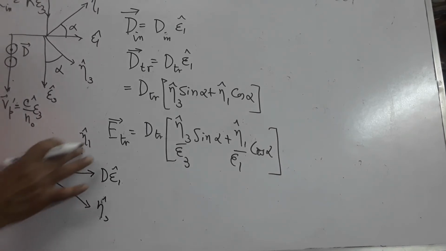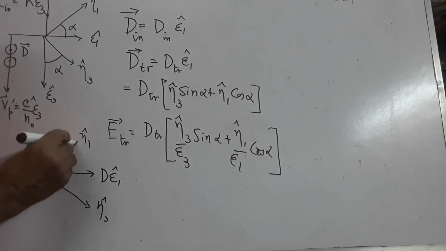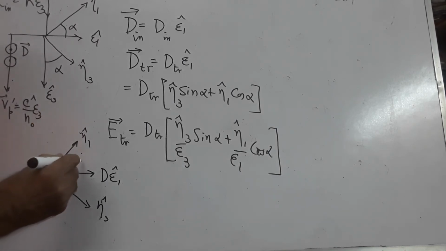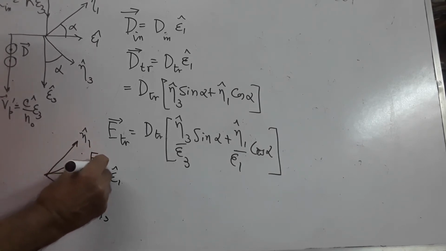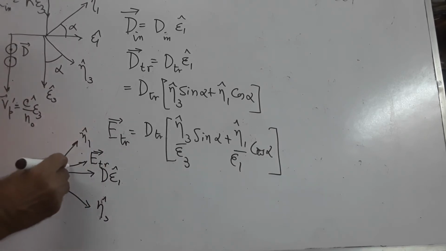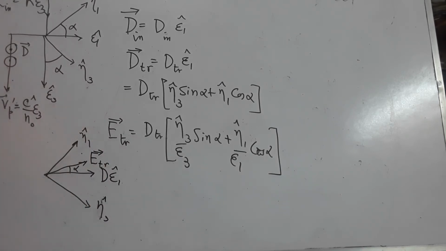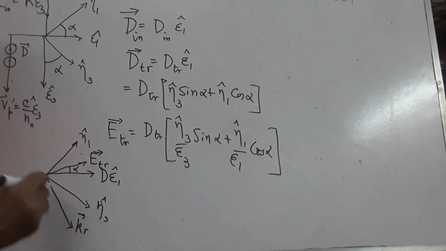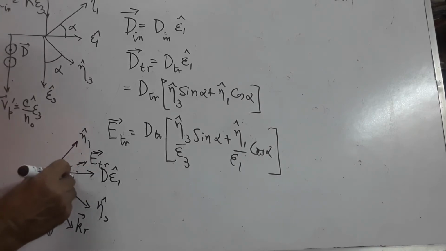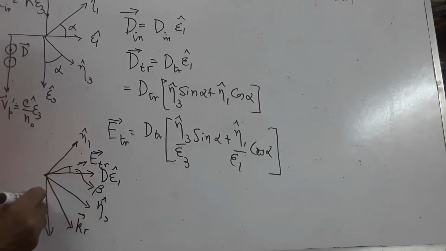So that component should be perpendicular to epsilon 3 like that. So the vector E will be in that direction, and let's call this angle alpha. We have seen the ray, which is found from the Poynting vector, E cross B by mu naught, will be perpendicular to E, so that will be the direction of the ray. And with epsilon 3, this angle is beta. Sorry, because I've called that angle alpha, I call this beta. So this is beta.